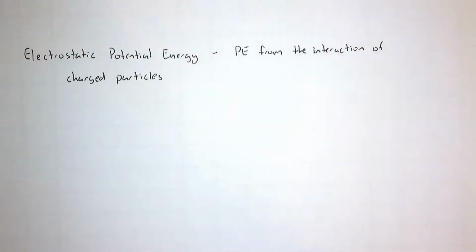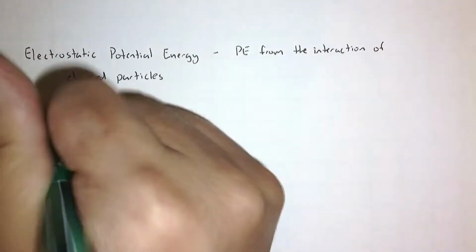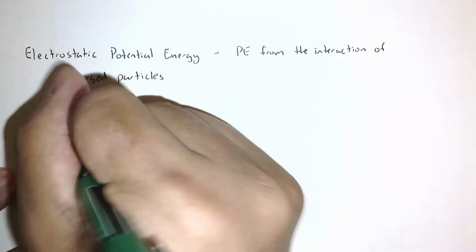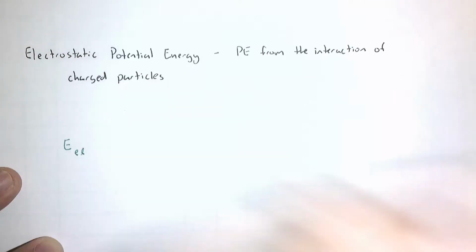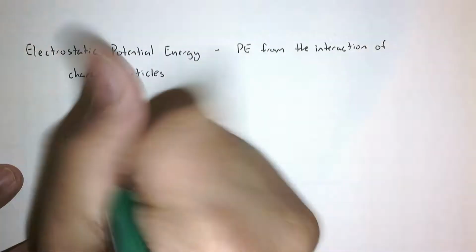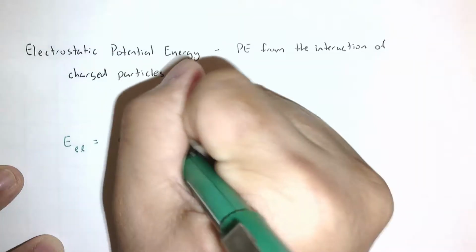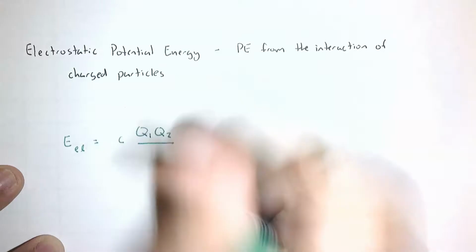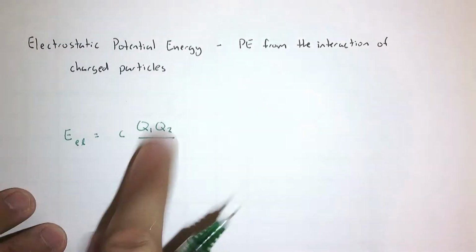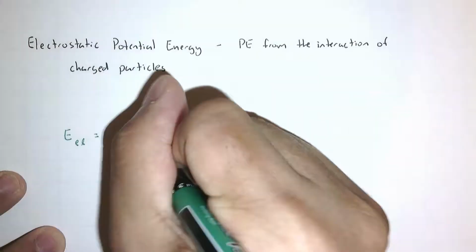And the way that is affected is via this equation. E, and I'll put EL for electrostatic, equals C Q1 times Q2. Those represent the two charges, or the two charged particles, and D, distance.